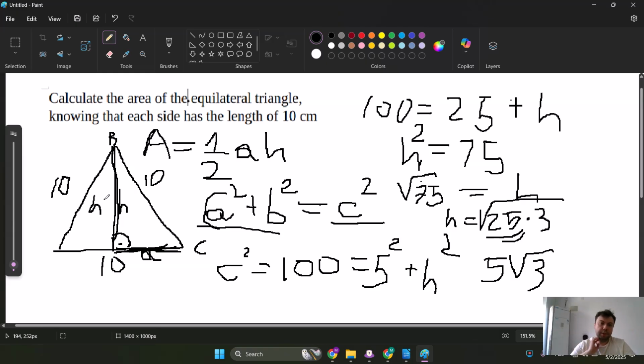And knowing the height, we can already calculate the total area of this triangle, because we see the general formula is half of the base times height. The base is 10, so we have half of that, 5, times the height. Okay, so I'm going to erase this, so we'll continue our calculation.